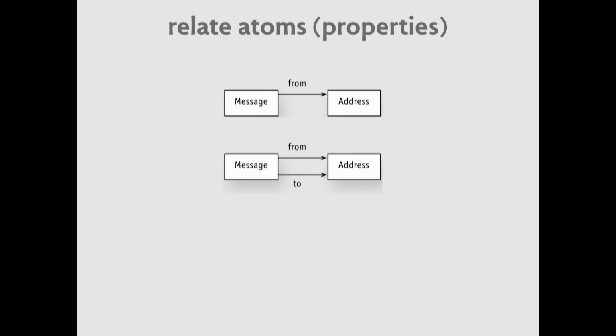And then I can ask myself, are these relationships immutable? In other words, if a message is from an address at one point in time, could it be from a different address at another point in time? What do you think? No. That would be an unnecessary complication. What about a message being to an address at some point and not to a different address at another point? Could I allow that?